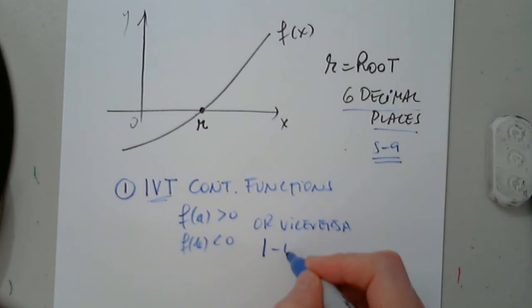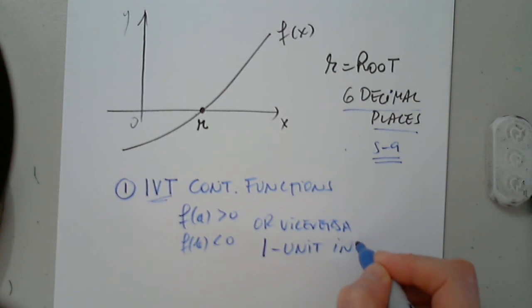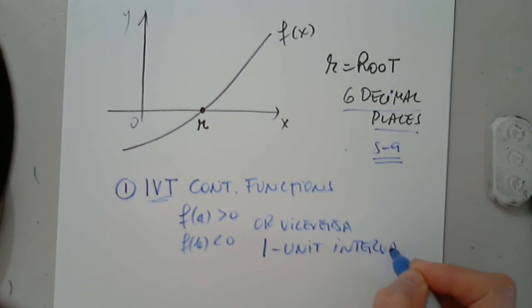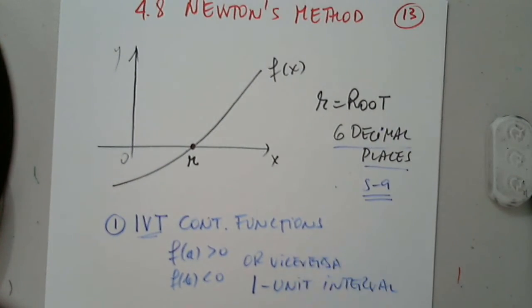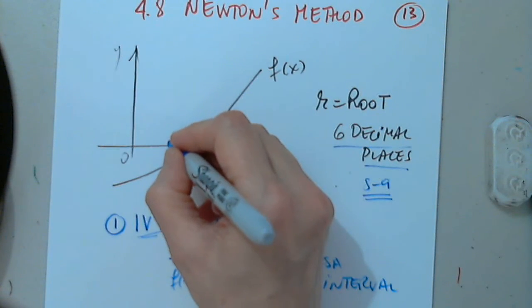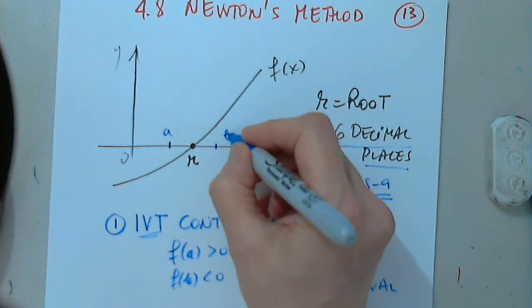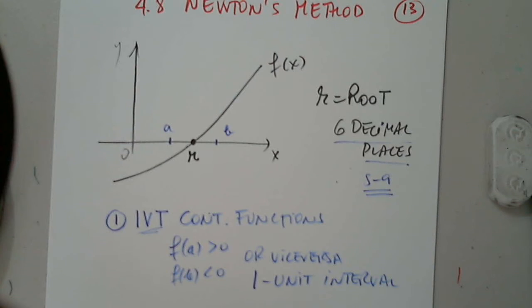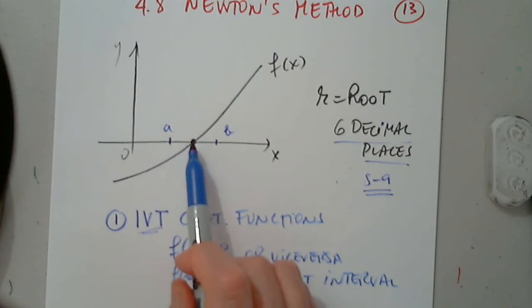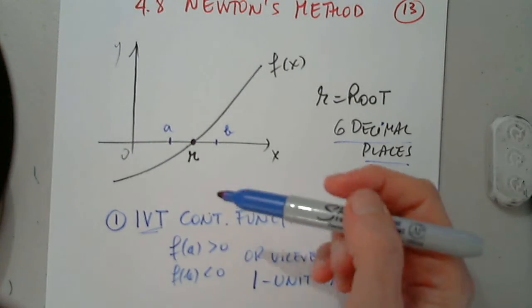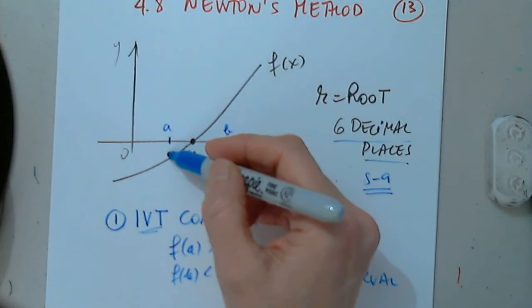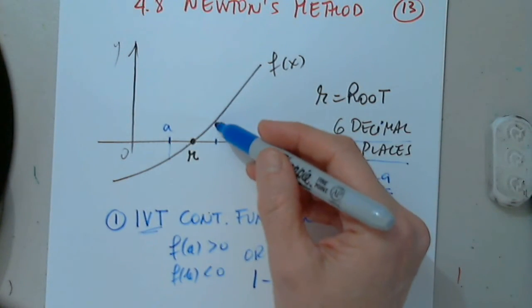So 1 unit interval. So let's suppose I show that there is a solution between a and b using the intermediate value theorem. The function is continuous, and it changes sign: at a it is negative and at b it is positive.